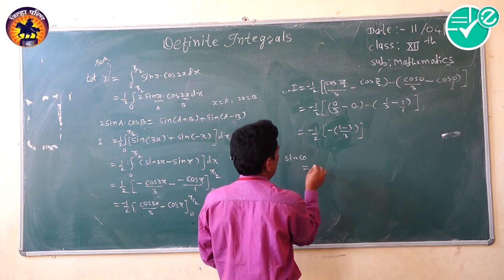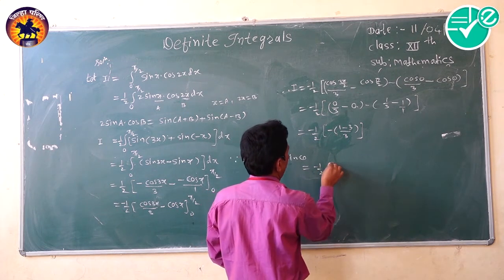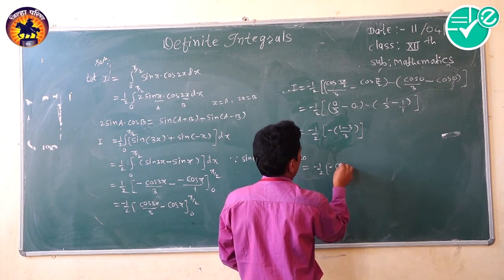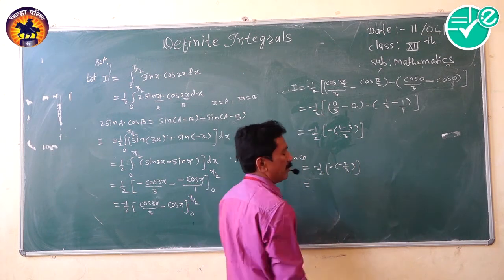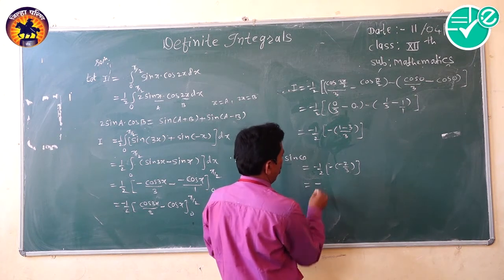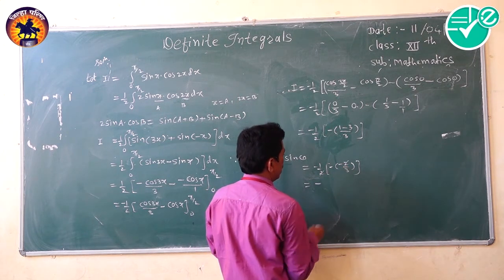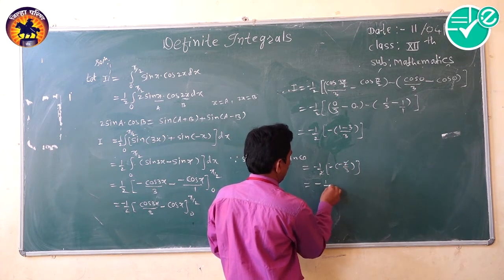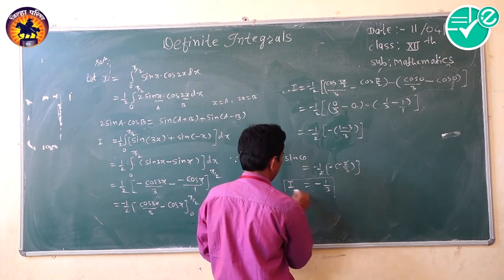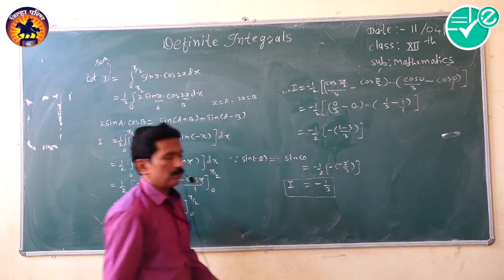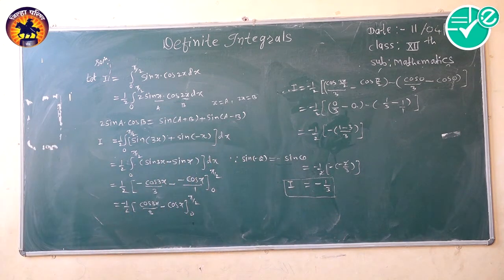This is equals to minus 1 by 2 into minus 2 by 3. Minus minus gets plus, and this 2 and 2 get cancelled, it is 1 by 3. This is nothing but I. Okay?